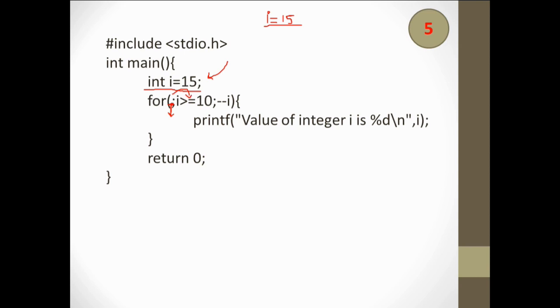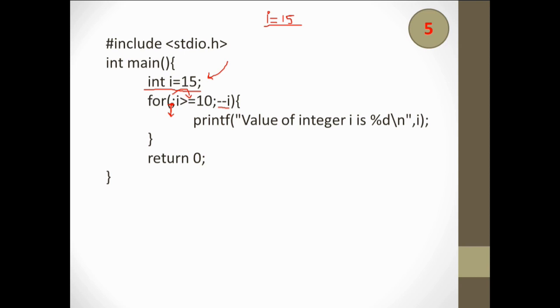Here you can see the condition is whether I is greater than or equal to 10 or not. This question is similar to the previous one, but the difference is that in the previous one I used the post decrement, but here I have used the pre-decrement.